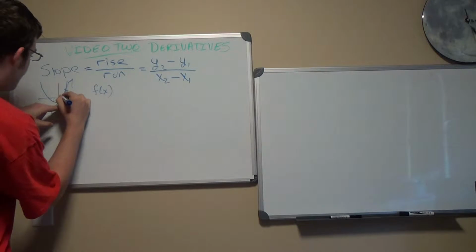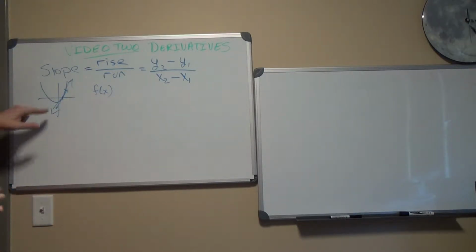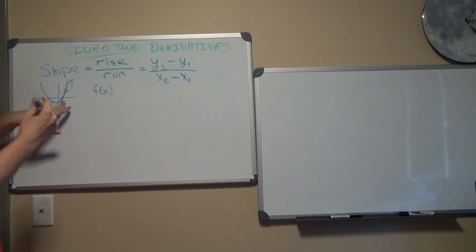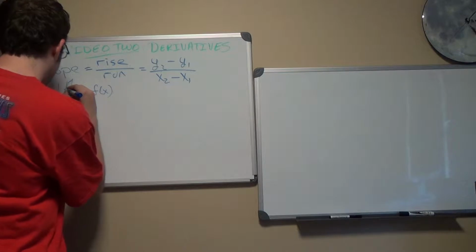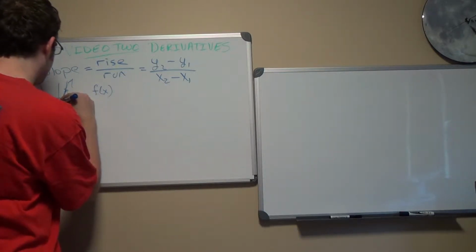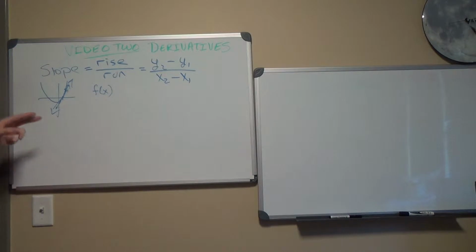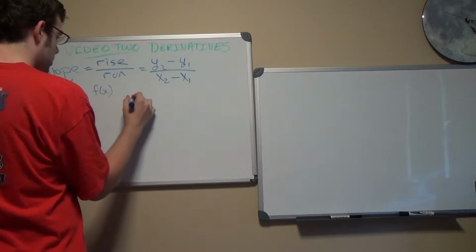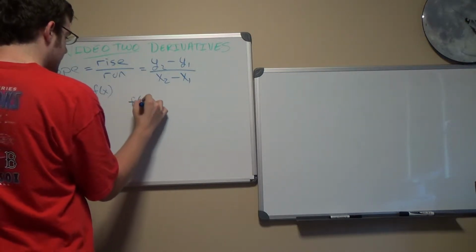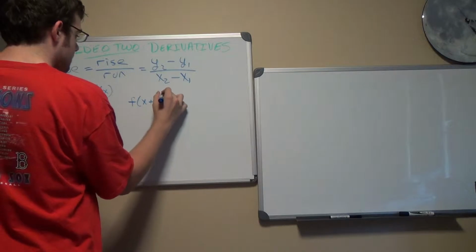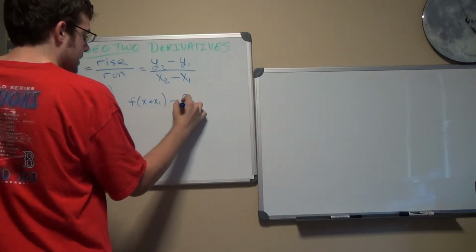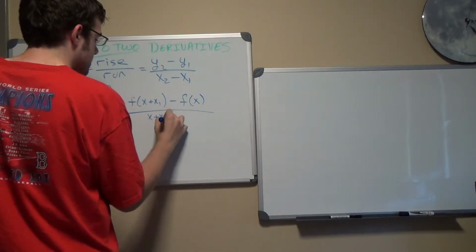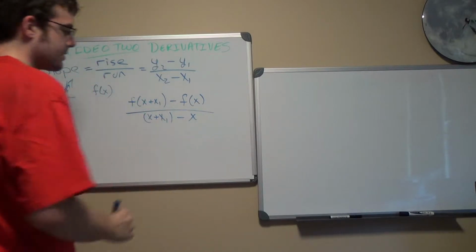And we have some point, f of x, and then we want to find the slope of a line from here. Let's call this x1. The second point is f of x plus x1, so the rise is that minus f of x, divided by x plus x1 minus x.